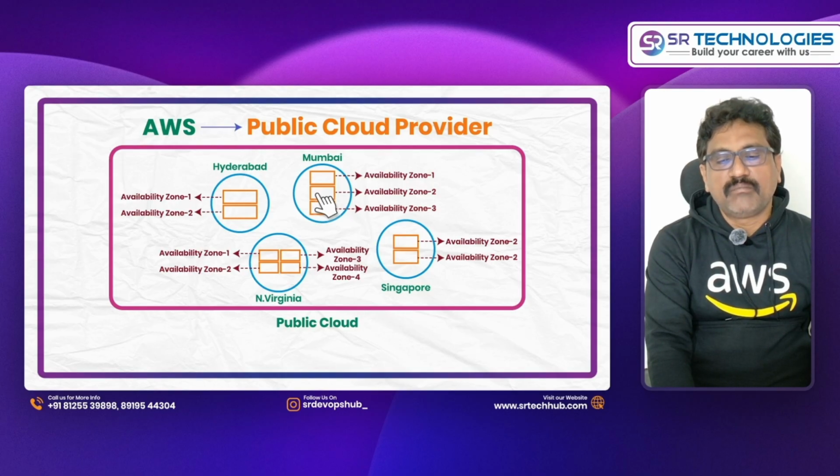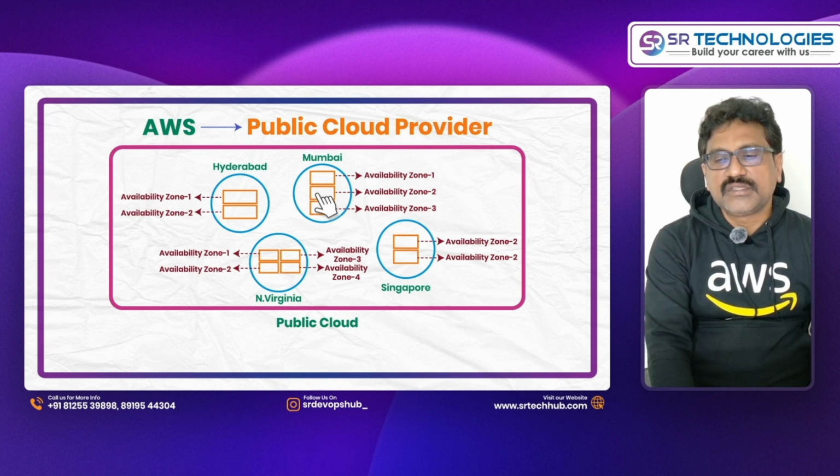AWS will maintain multiple data centers across the globe. They will maintain these data centers in regions. I've clearly explained what the regions are, what the data centers are, and what the availability zones are in the introduction video, that means in the AWS demo video. If you want, you can go through it. Fine.